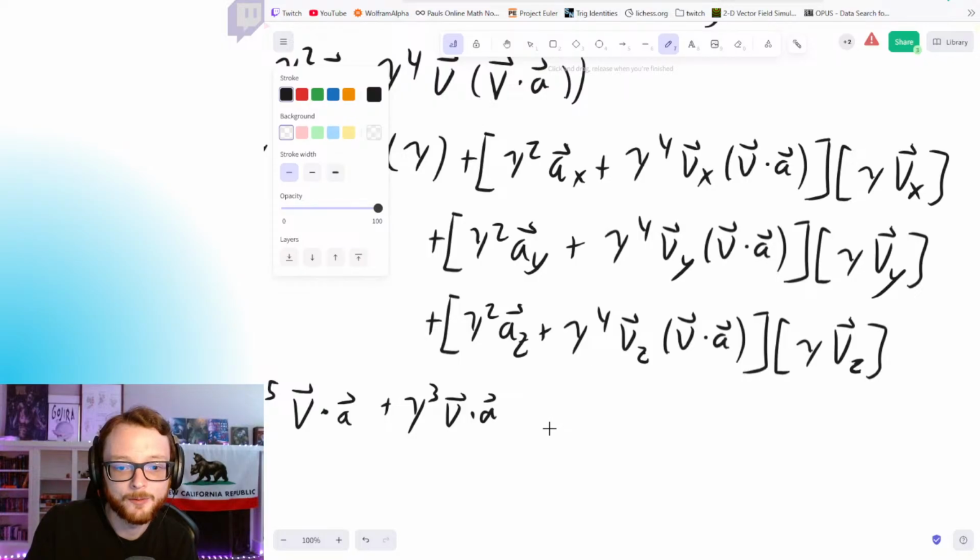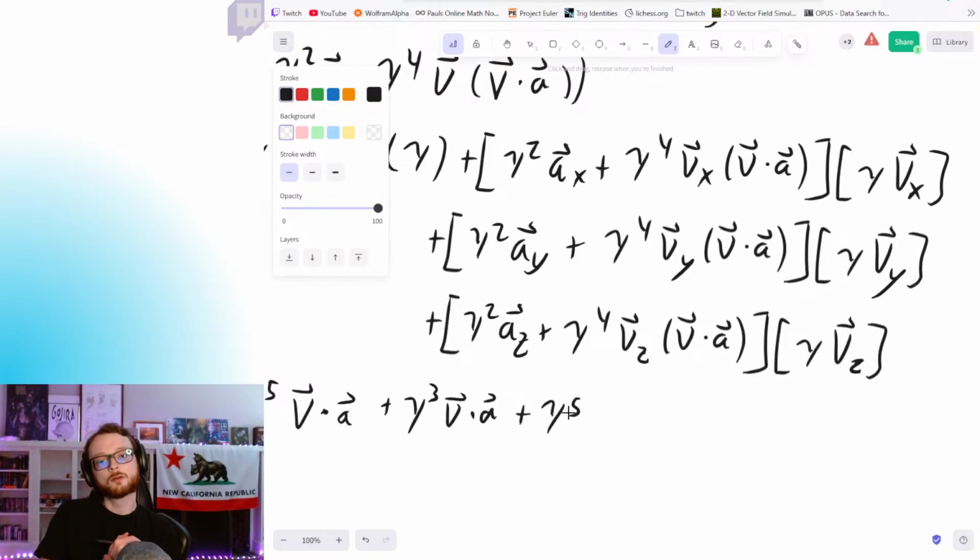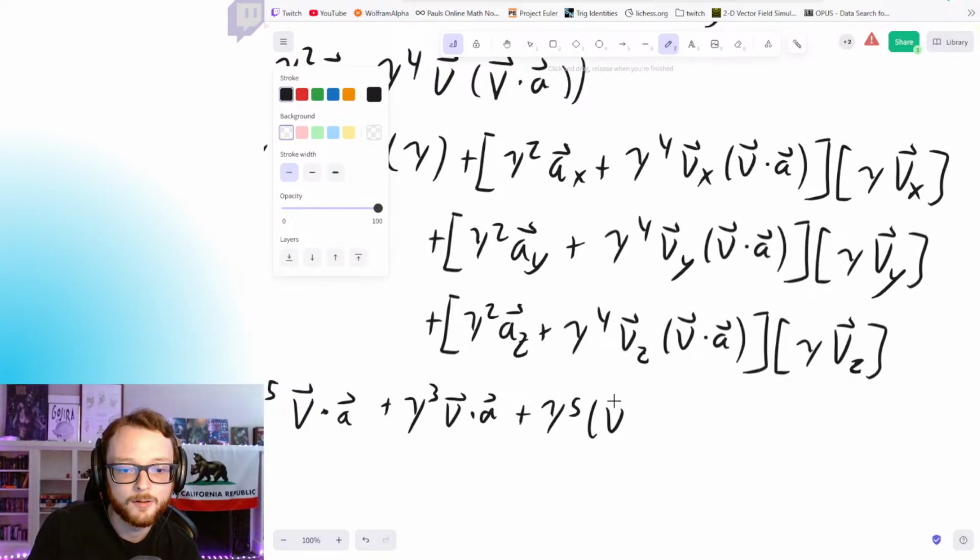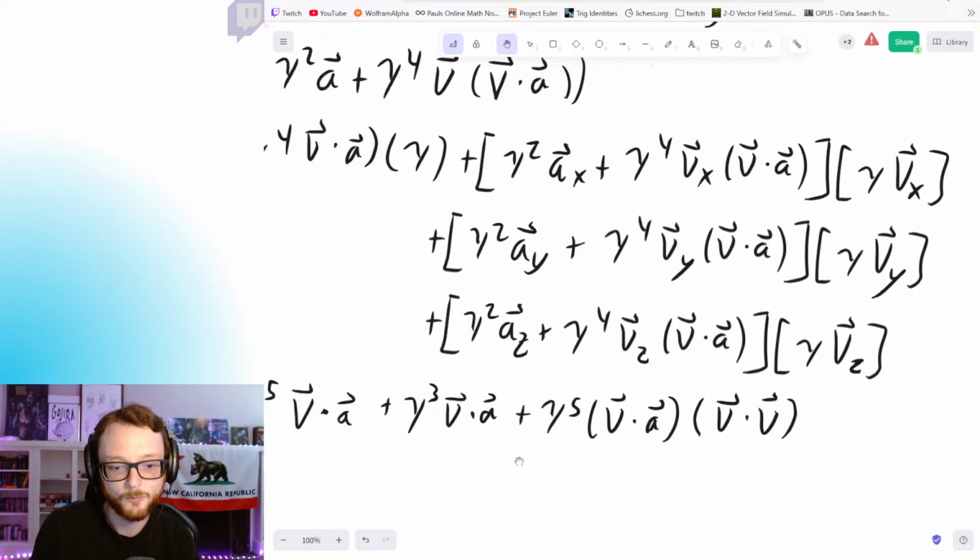And then what do we get for the other components? We get gamma to the fifth, v dot a times v dot v. I think that we can write it like that.